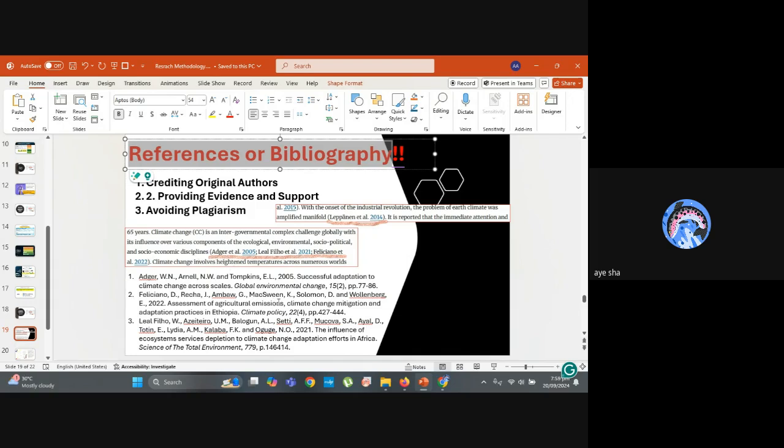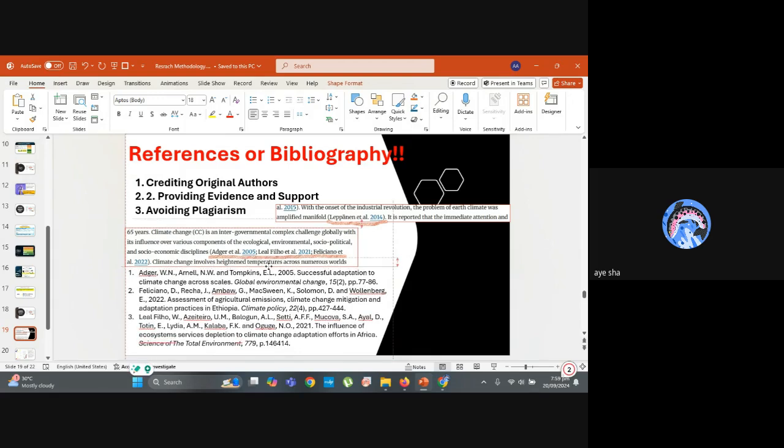So you have to mention all the literature that you have cited in a list form. Here you can see that I have mentioned the three references in this second red outline box: Edgar, Feliciano, and the third one, Liel Filho. Now, these references are arranged in Harvard style.